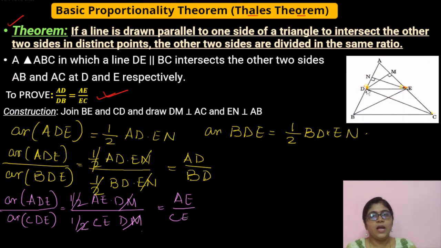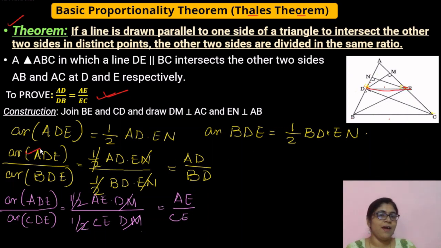Now look at triangle EDB and triangle CED. Both triangles have an equal base, that is DE. DE is the common base, and the triangles lie within two parallel lines DE and BC. So, we can say the area of EDB equals the area of CDE.